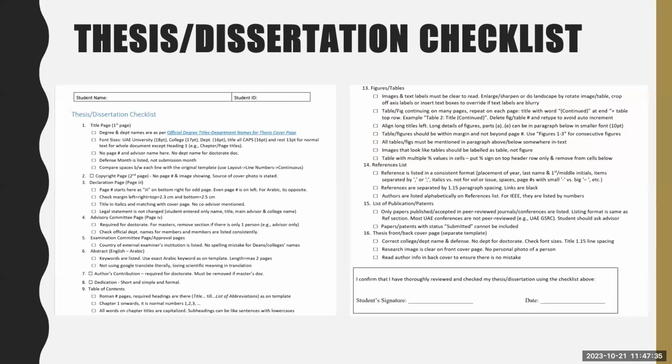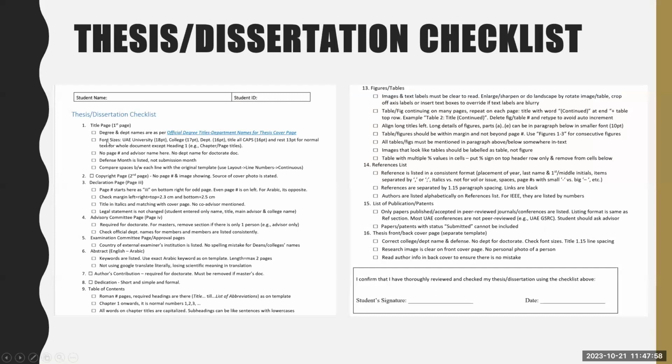Okay, this is the checklist where each student, after defending, needs to have this page signed and checked accordingly. What do I mean? So we have, for example, the title page, we have the degree and department name as per the official one. Since you are using the official one, you do a tick in here.